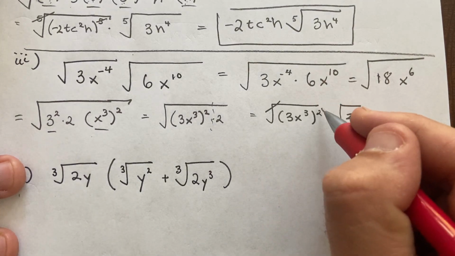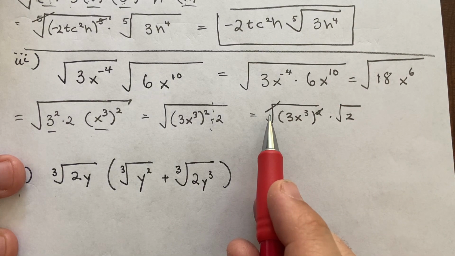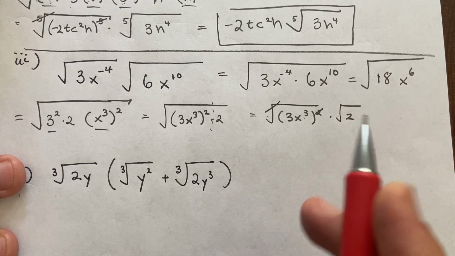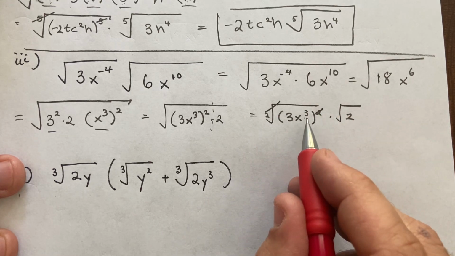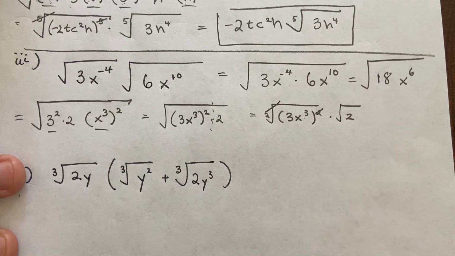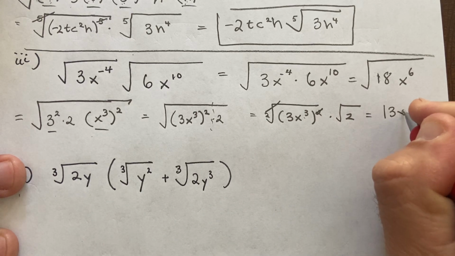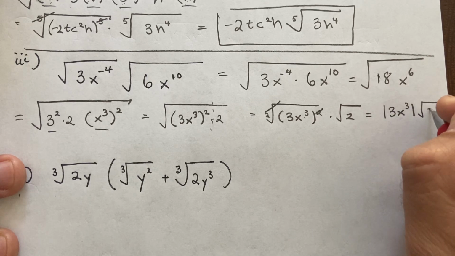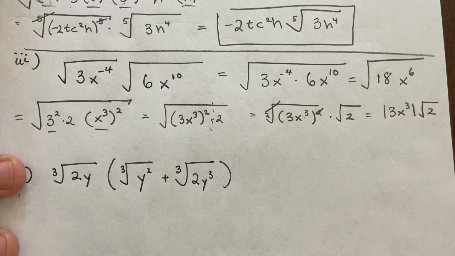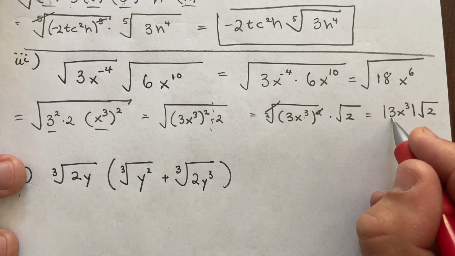And now this cancellation occurs. I'm going from even to odd, right? This even index to odd. So I do need absolute values. So absolute value 3x cubed root 2. And the 3 does not need to be inside of the absolute value.